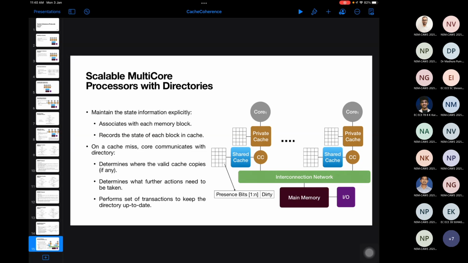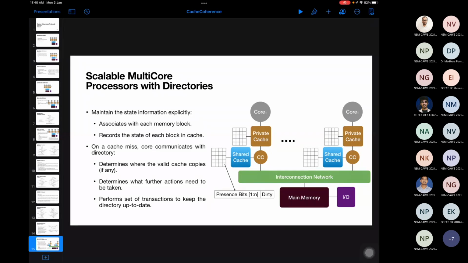If, let us say, the block is present only in core 1, then I set the first bit of the presence bits, and if it is a clean copy, then I set dirty equal to 0. Once you have the state information at the shared cache blocks and the private cache blocks, we need state transition diagrams for these two. The private cache state transition diagram is whatever we considered previously, and the same thing is applicable.